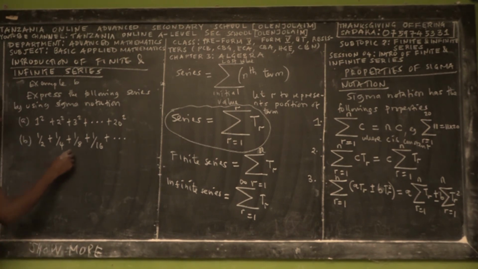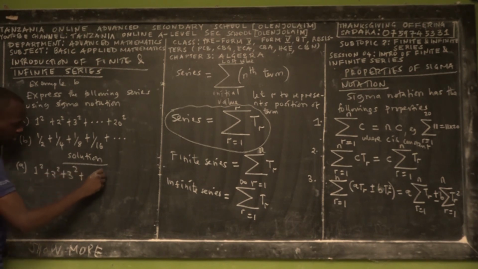Solution. Then I'll leave a homework for you. So we say that these are squares. So solution for example B, Roman A: 1 squared plus 2 squared plus 3 squared plus dash dash dash plus 20 squared. Squared is common.